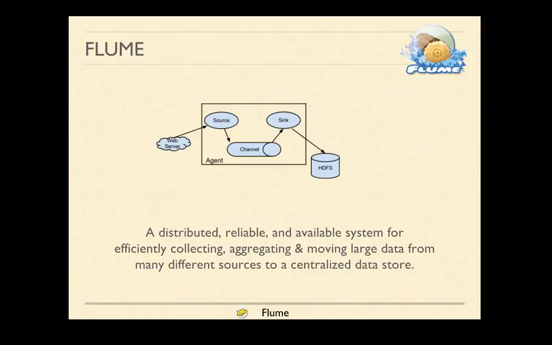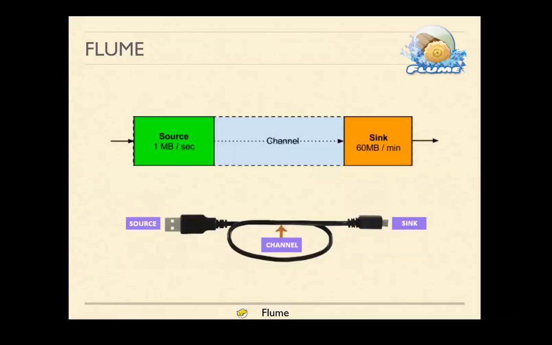The way we do it is we install Flume on many machines, and let all these Flume agents push the data to a central place. And what's the central place generally? It is HDFS. So let's take a look at the Flume agent.